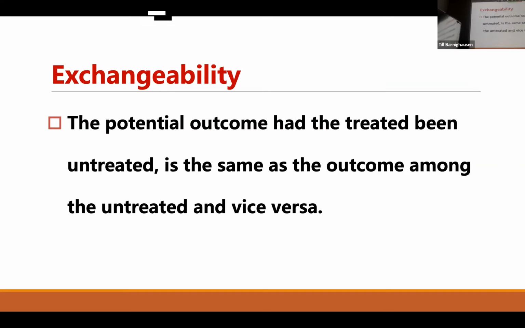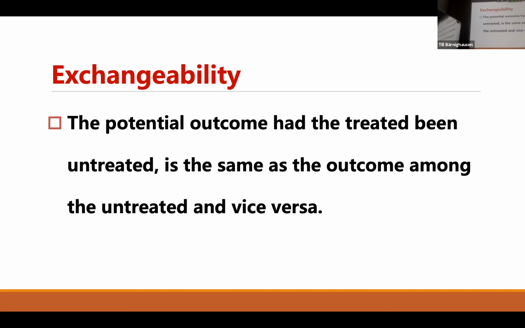It looks not very intuitive, but intuitively, it says the two groups, the treatment group and the control group, are identical. So that's exchangeability. They are exchangeable. Don't worry if you don't understand the concept in the next several slides, because in the next lecture we will introduce you more detail about the potential outcome model.